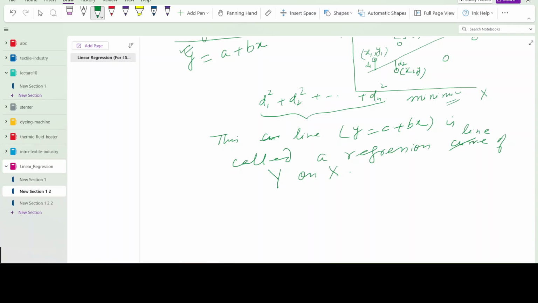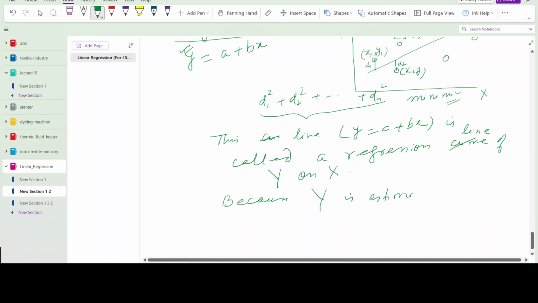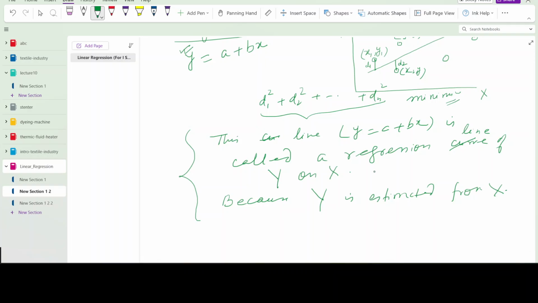Why is it called regression line of y on x? Because y is estimated from x. So it is very important to understand it, because your syllabus is heavily dependent on this particular term. What is regression line of y on x?